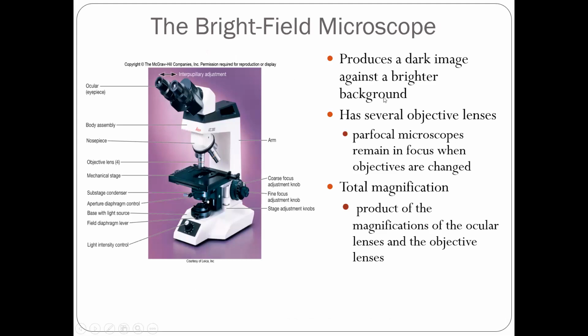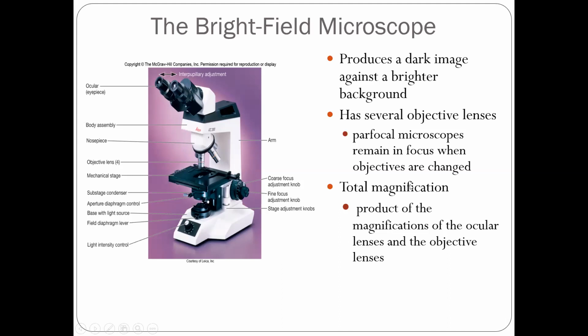It gives a dark image on a brighter background. And we talk about parfocal. That's a very important characteristic for the bright field microscope, which means once we focus, the microscope will stay focused. We only need to do a very minimal adjustment using the fine focus.